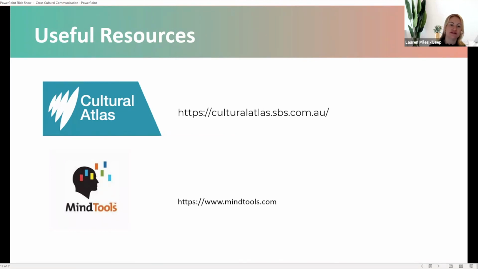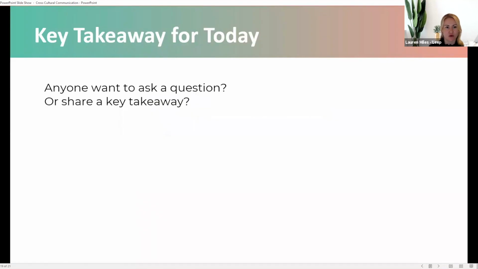But if you want to learn some common shared behaviours and beliefs typical in some cultures, please have a look at the Cultural Atlas. And Mind Tools also has some great articles and resources on cultural communication, cultural awareness, and cultural competency. So have a look at those if you're interested in reading more.